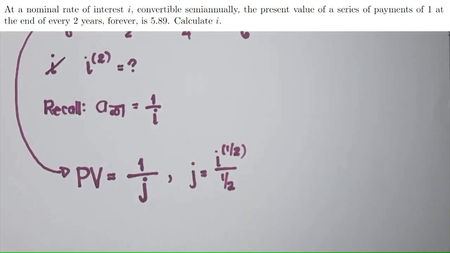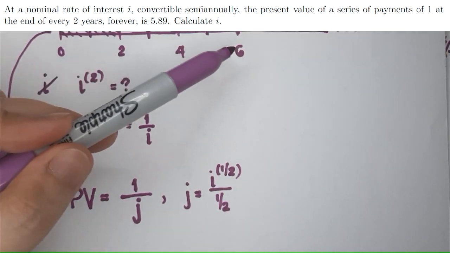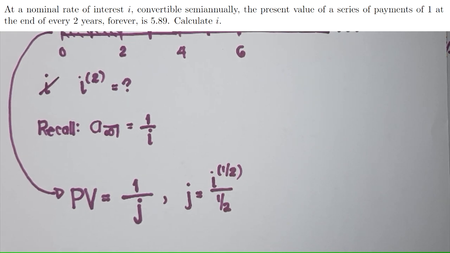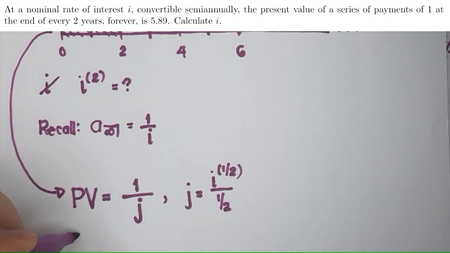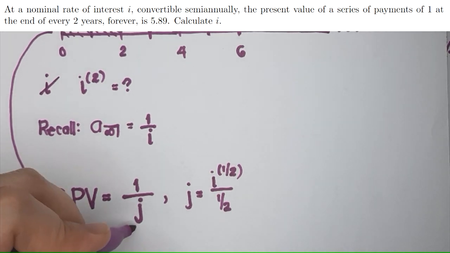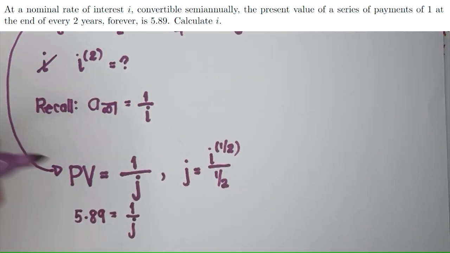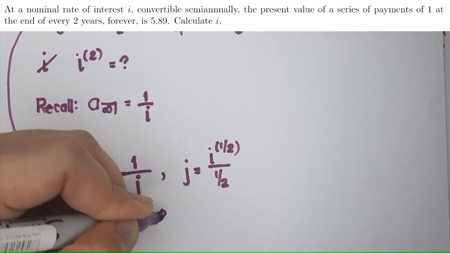Then, we know that the present value of this perpetuity immediate is 5.89. So, we can write 5.89 is equal to 1 over j. Then we can solve for j.